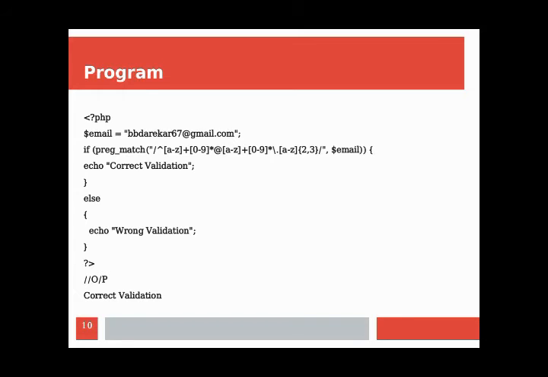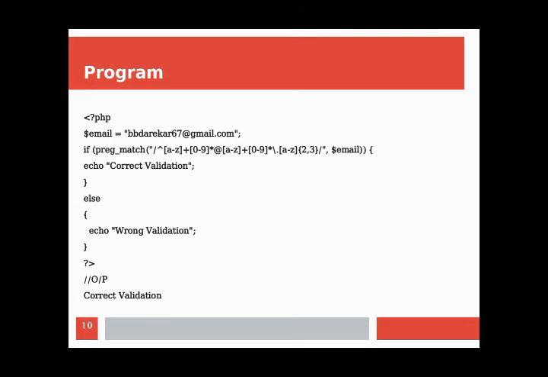Here, left curly bracket, echo within double quotes "correct validation" semicolon, then end of that if; beginning of else, echo within double quotes "wrong validation" semicolon, and right curly bracket, that is end of else and end of our PHP program.